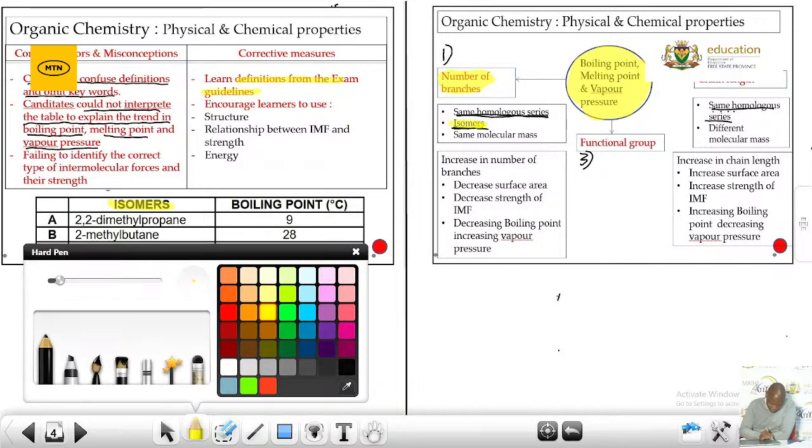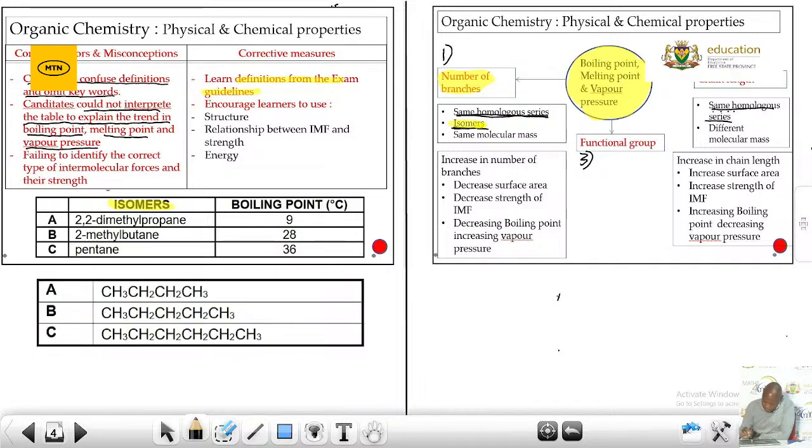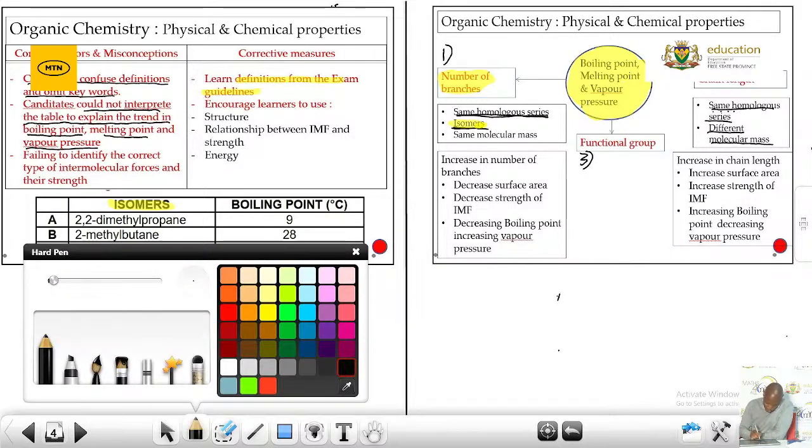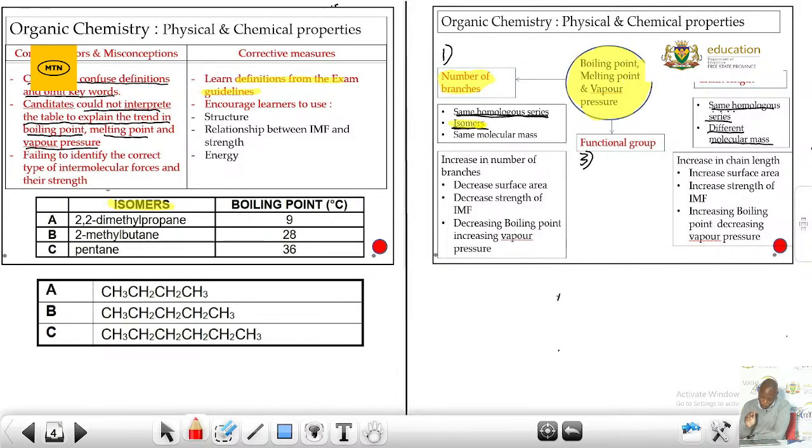So once I have different molecular mass, the examiner is asking for chain length. Once I have identified which factor the examiner is asking about, it is easy for me to give proper reasons why we have differences in boiling point, differences in melting point, as well as differences in the vapor pressure.